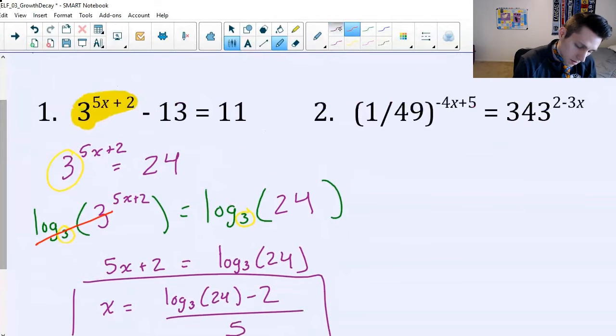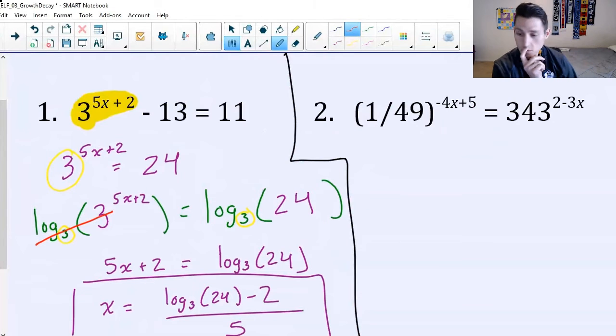For number 2, this is one where I have exponential on both sides, and I'm going to try to get the bases to match because I think I can do that. So we have to think about 49 and 343, what they are powers of, if they're both powers of something, and they are.